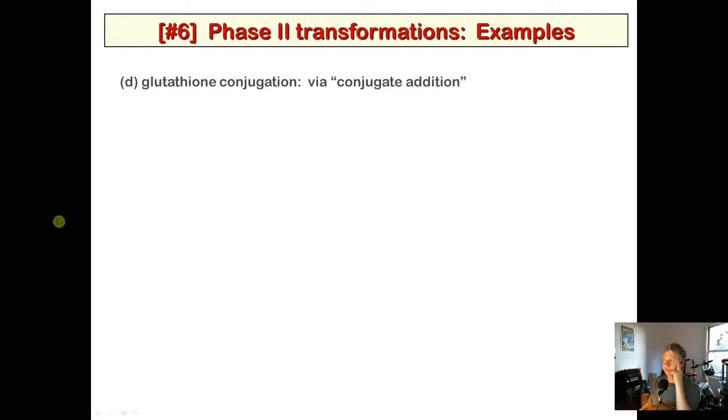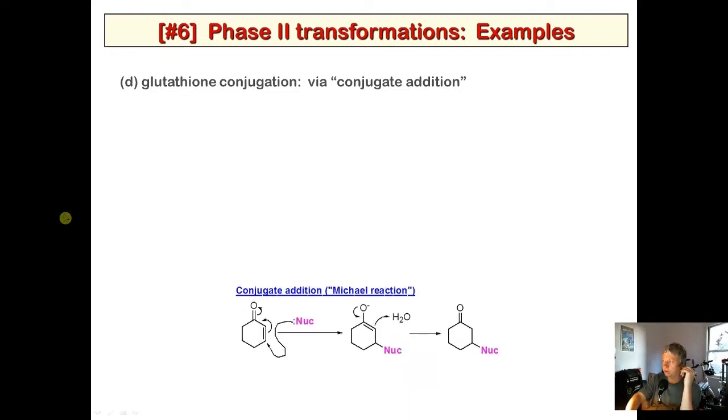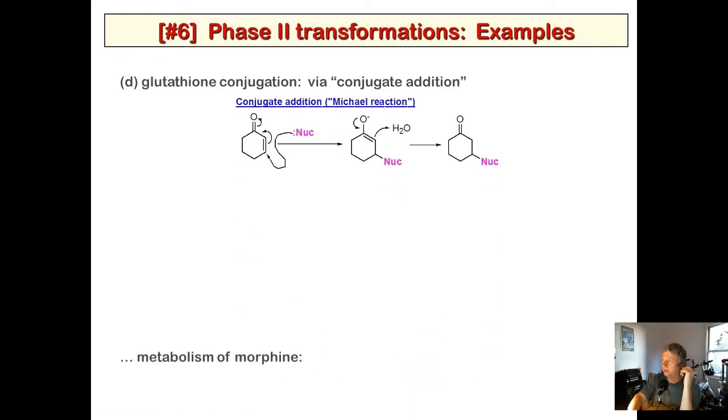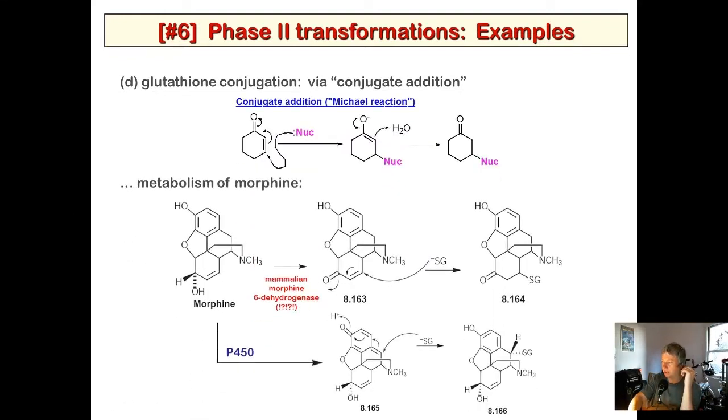All right, so let's finish up our discussion on metabolism, then we'll move on to some other stuff. Actually, this is where we left off, showing how morphine gets metabolized using glutathione.